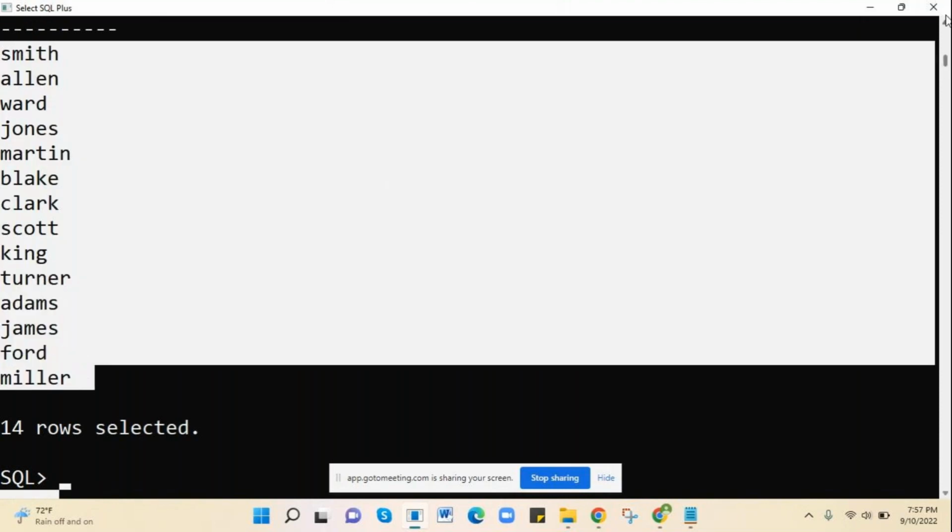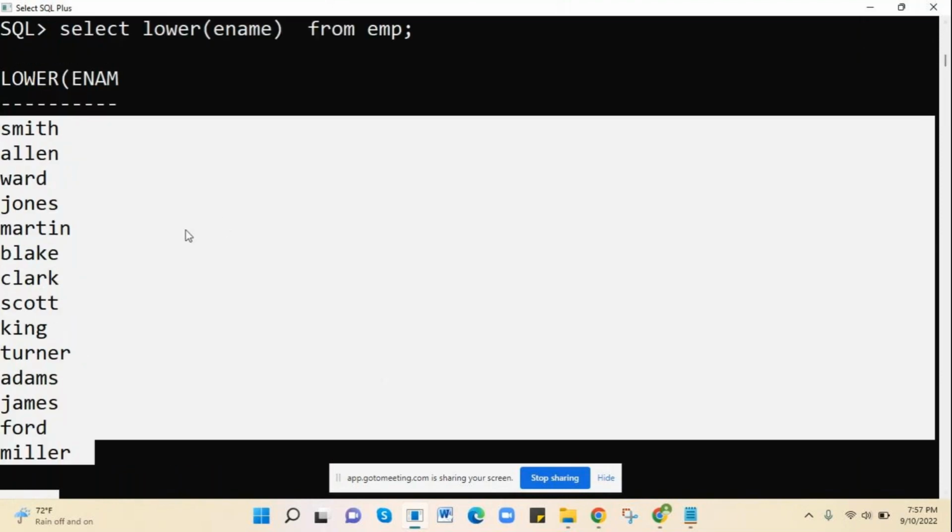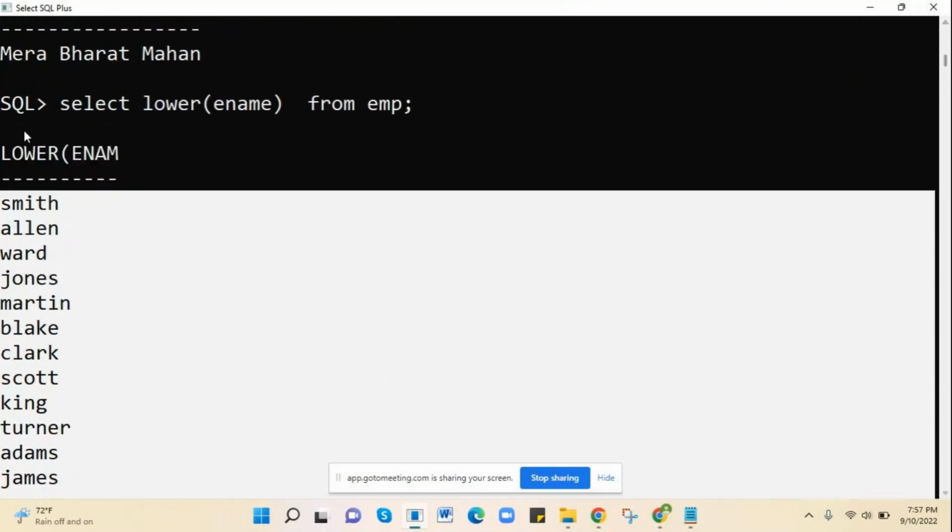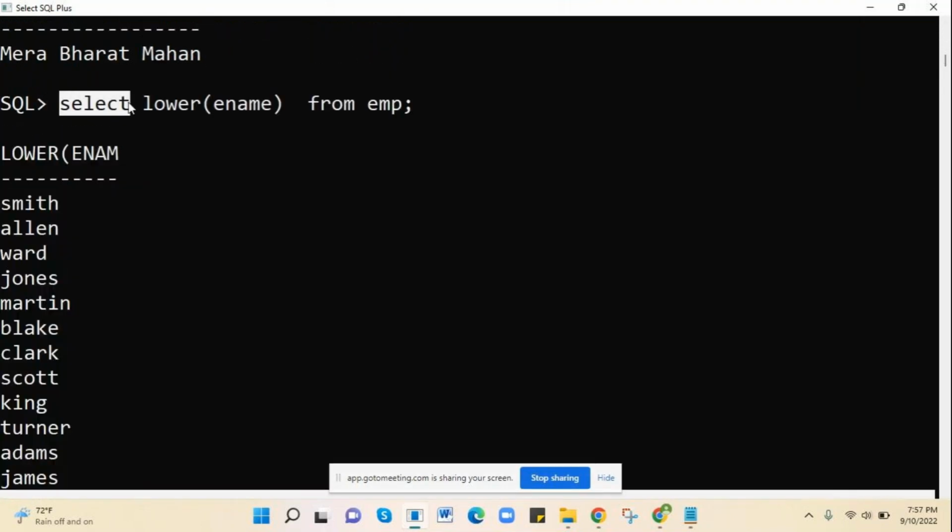Okay, actually these employee names we enter as capital letters. And one more thing, SQL is not case sensitive, meaning you can write select in small letters, in capital letters, or any zigzag.